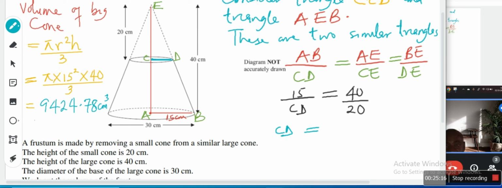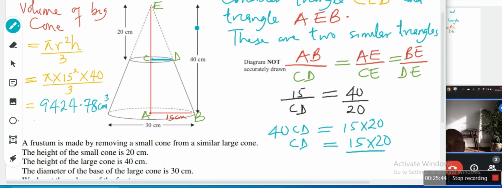You just cross multiply now, isn't it? Okay, let me do that so that we don't jump the gun. Whenever you have something like this, you simply cross multiply. CD times what? 40. 40 CD is equal to 15 times 20. So what's CD? 15 times 20 divided by 40.